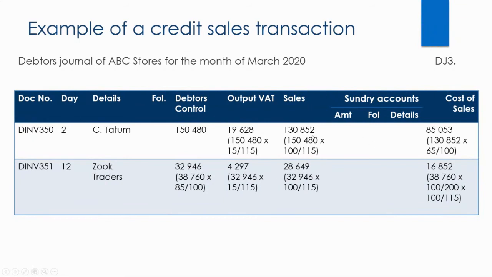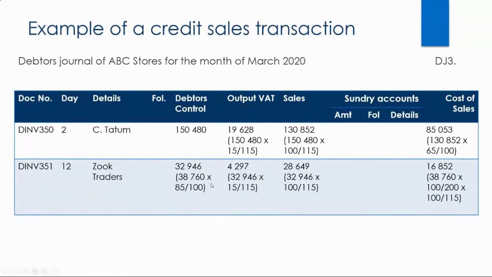You take the sales value, so that's the amount excluding VAT. You multiply it with your markup percentage, which is 65, is the cost that I want to work out over the sales amount to get to 85,053 Rand. Okay, so that's how you work out the cost of sales for the first transaction.